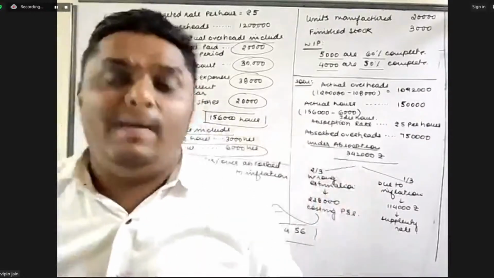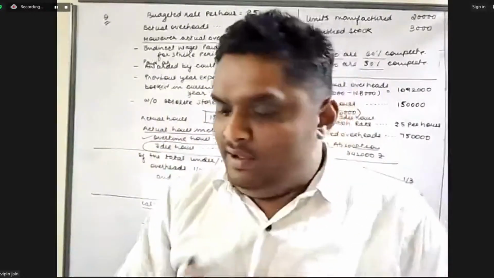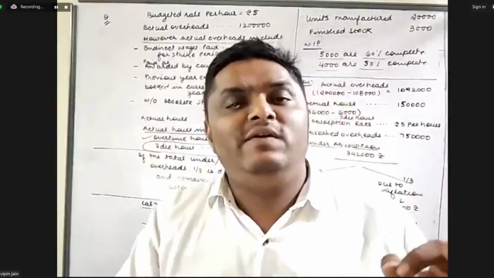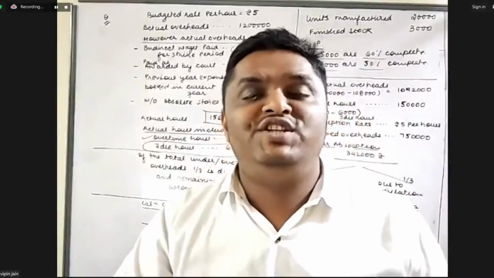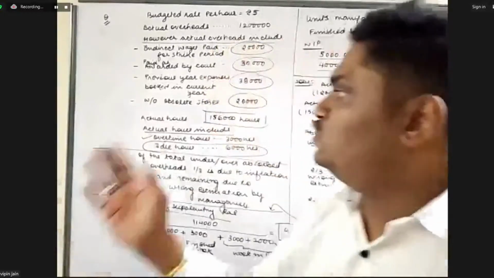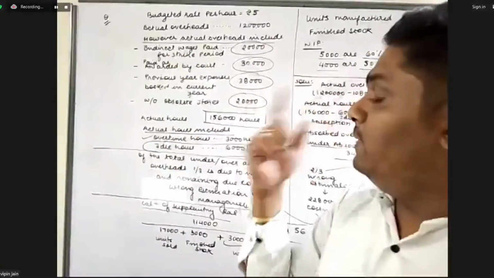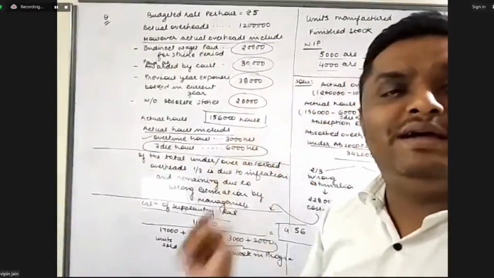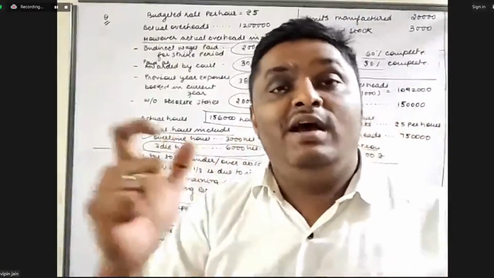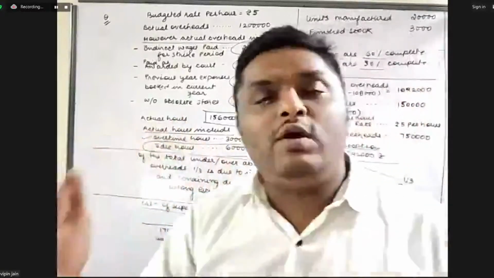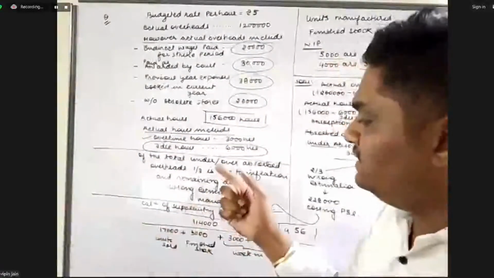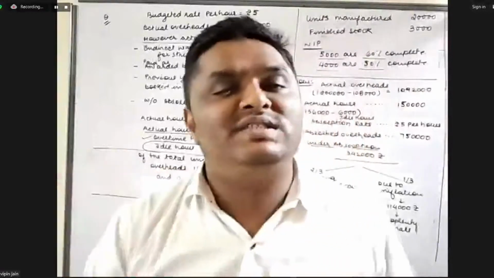So guys, this is the complete question. See guys, 90% of the work is done if you read the question carefully. Some people started, but some deducted both of these hours. So that was the first mistake. Then some people who understood this concept made mistakes in the 1/3 and 2/3 further on.